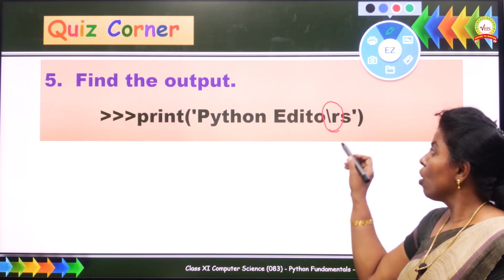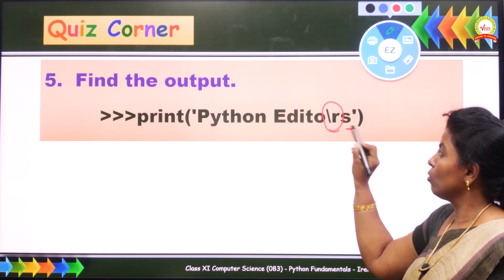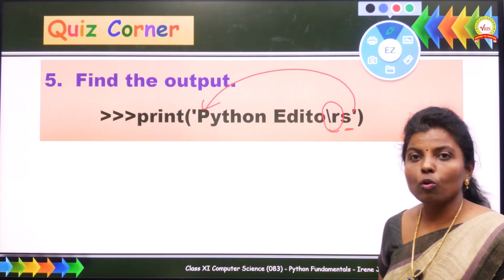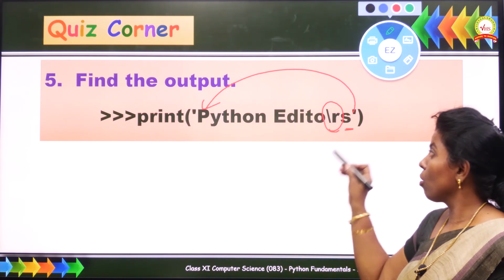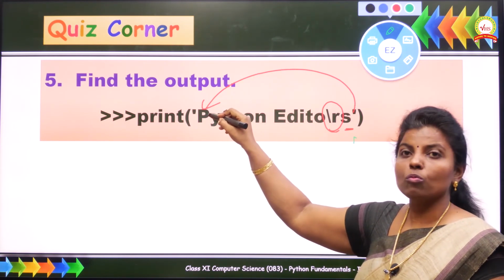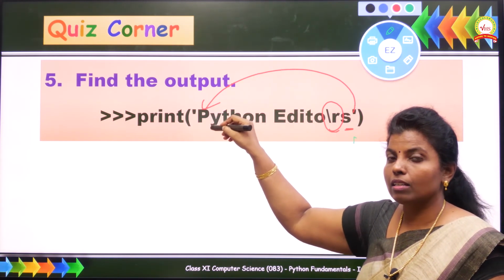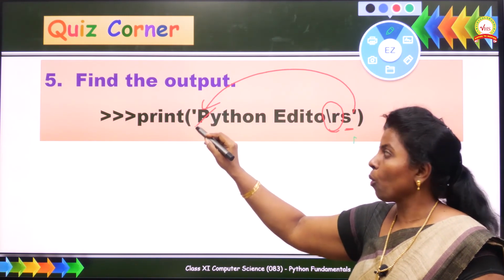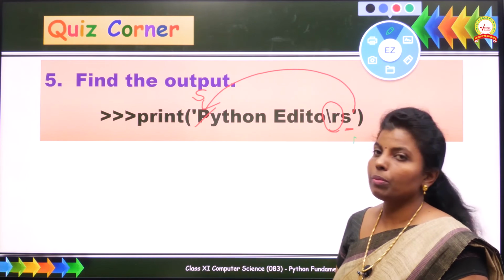Carriage return moves all the characters, how many characters are there, only 1 character, to the beginning of the line, while overwriting the same number of characters. Only 1 character is there, so that 1 character will be moved to the beginning and will overwrite 1 character. So this P will be overwritten and this S will be printed over here.